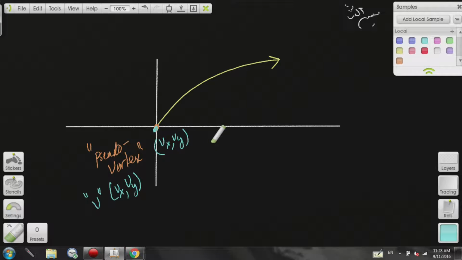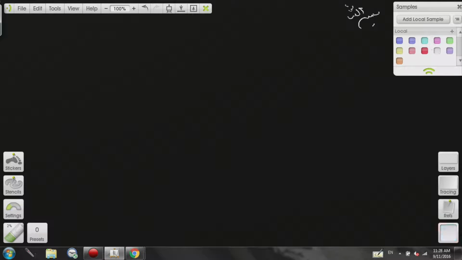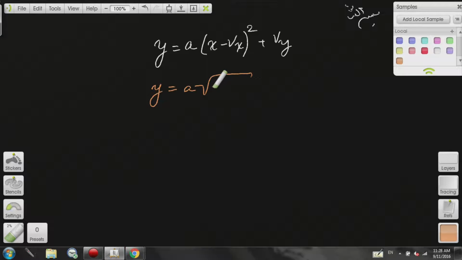Once you understand this, you can see this function is very analogous to a quadratic function. This is a times x minus vx squared plus vy. That's a quadratic function. Whereas a radical function is y equals a times the square root of x minus vx, plus vy.